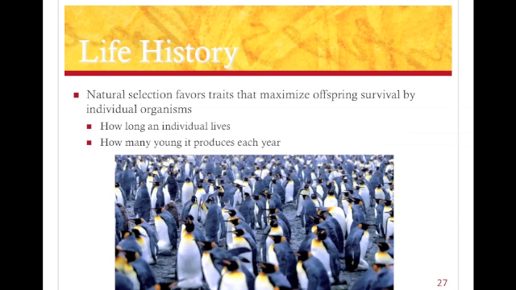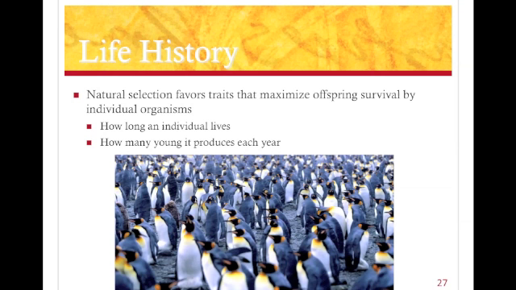Okay, so let's get into the nitty-gritty of life history. We've already discussed the connection between natural history and natural selection. And remember, natural selection favors those traits that maximize reproductive output, or I should say, not just reproductive output, but survivorship of your offspring.